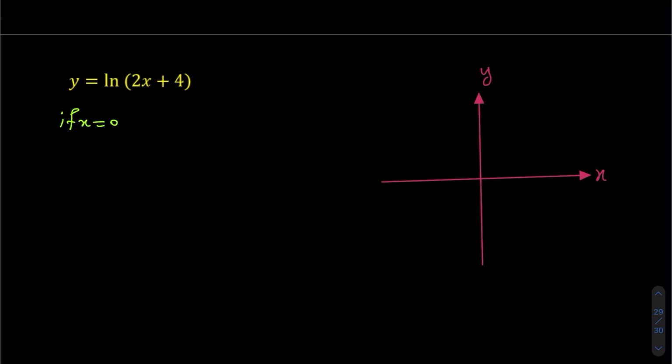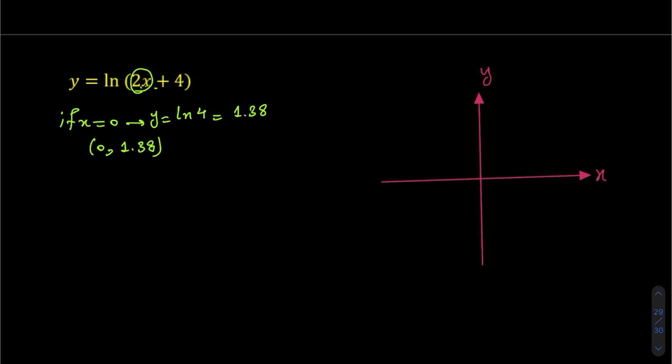So therefore I will just put 0 here. 2 times 0 will be 0. 0 plus 4 will be 4. So y will be equal to ln 4, and ln 4 is equal to 1.38.